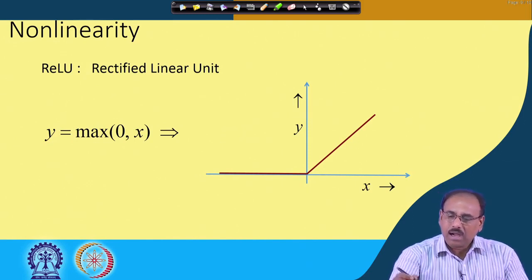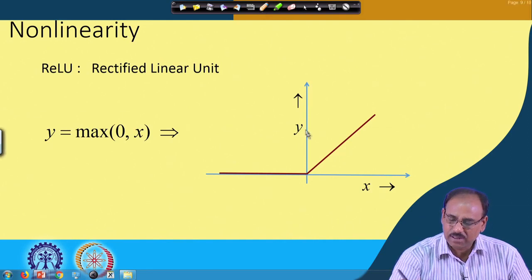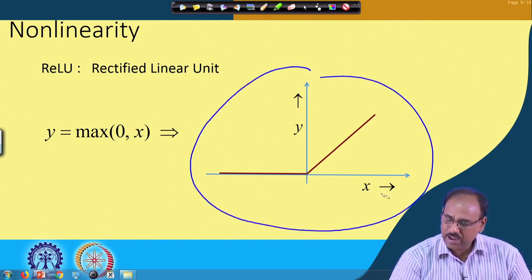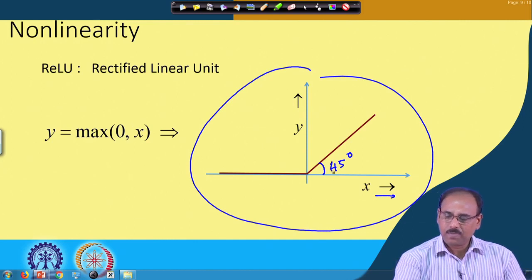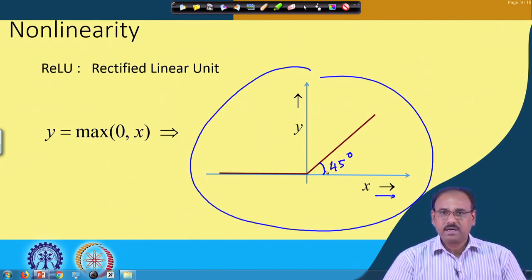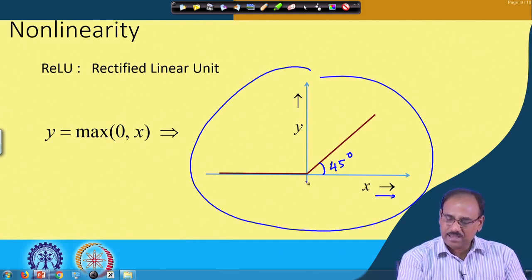So, I can depict this function in this form. Here you find that as x is greater than 0, y is equal to x. If you take the gradient, the slope of this line, it is nothing but 45 degrees. If x is less than 0 or 0, then the value of y is 0.